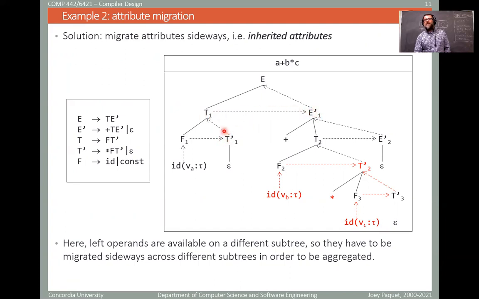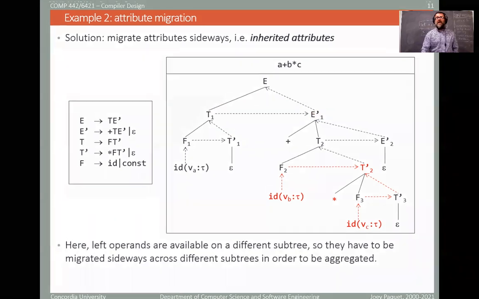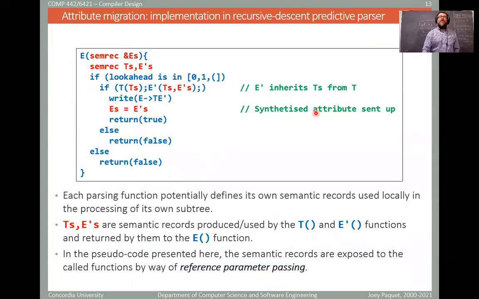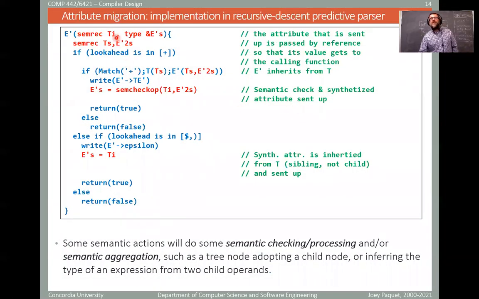So this synthesized attribute that T got is received, and from the perspective of E prime, it's an inherited attribute from a T. That's why it's a TI in the definition of this function here. So it's received as a TI, but it's passed as the TS that was processed and received by T.